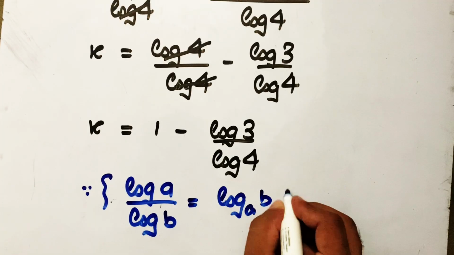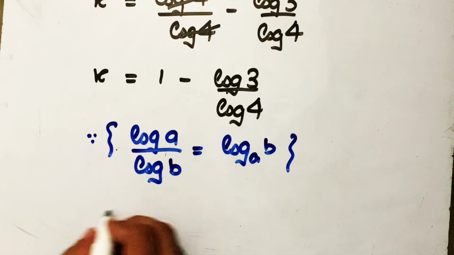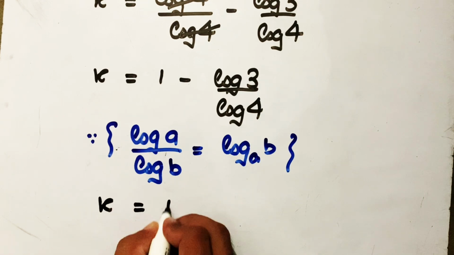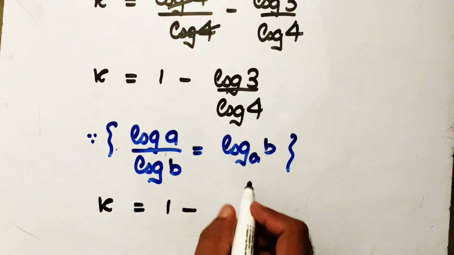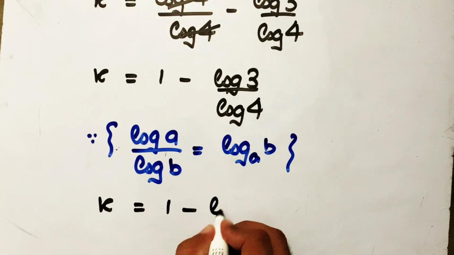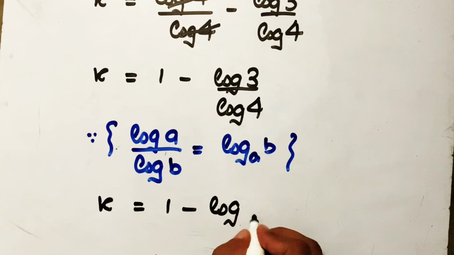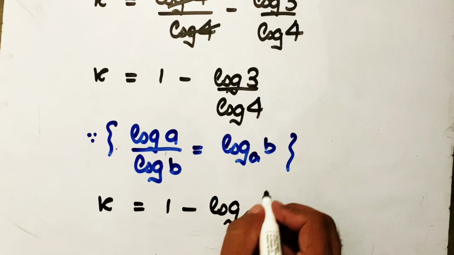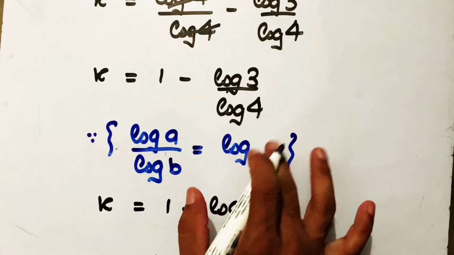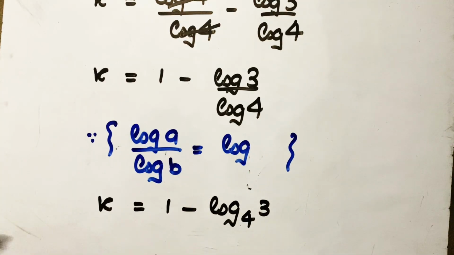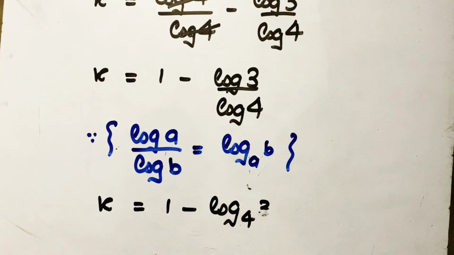So our equation in the next step is x equals 1 minus log base 3 of 4, so b is 3 and a is 4. This is a and this is b.